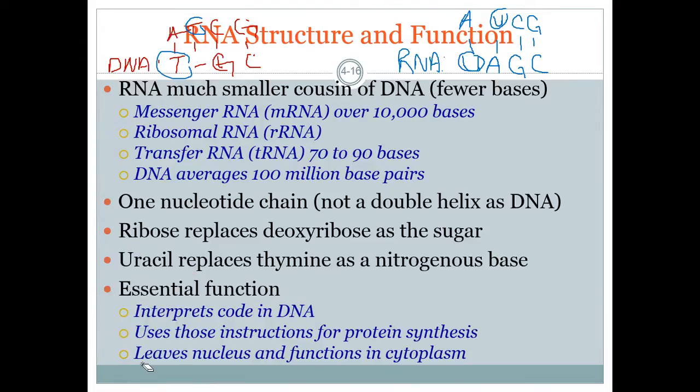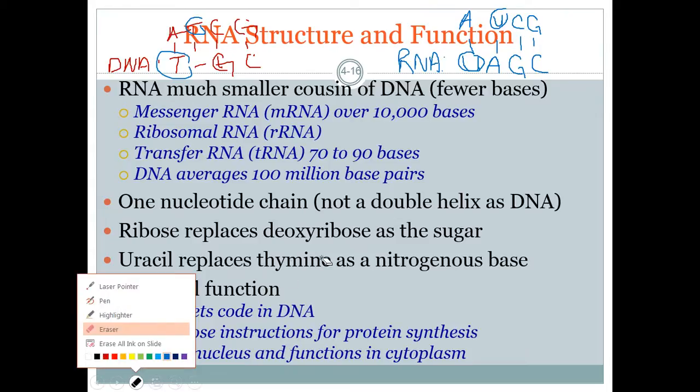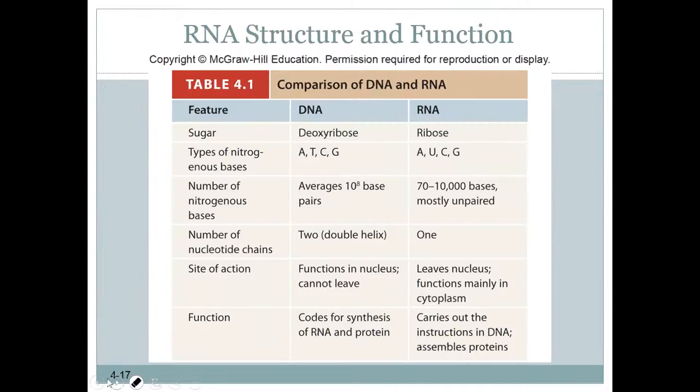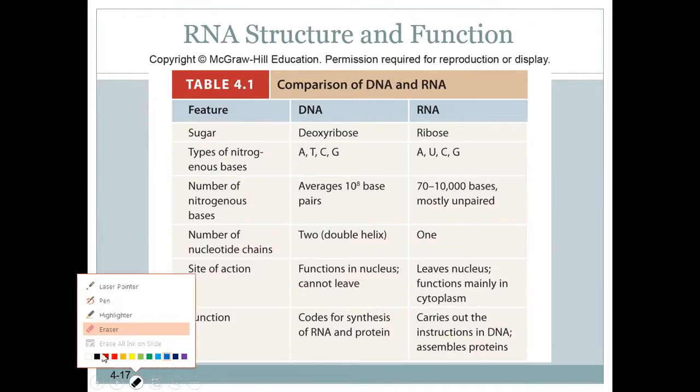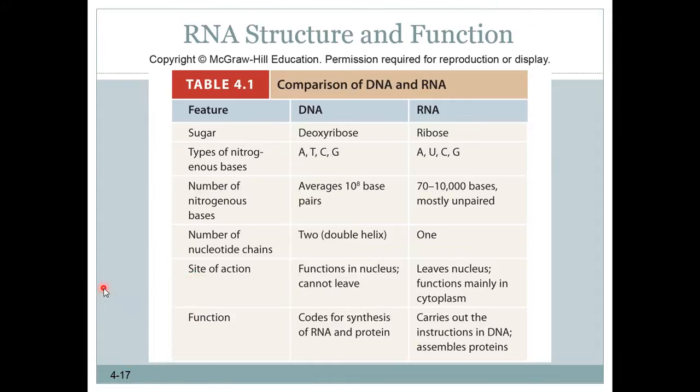So I can switch to the page. Okay, so in your textbook you should have a chart or a table on page 117, table 4.1, and it will give you the comparisons of our DNA and our RNA.